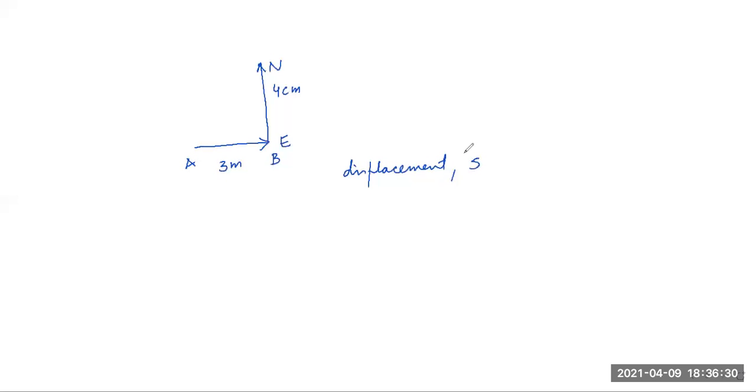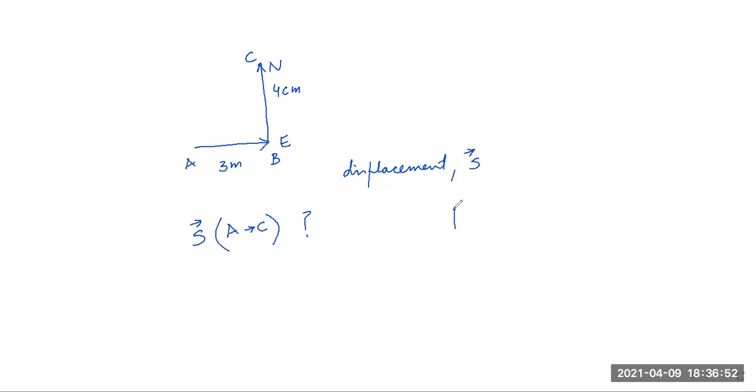Now, students, his displacement from A to B is 3 meter. Displacement from B to C is 4 meter. But displacement from A to C is how much? How will we calculate this?